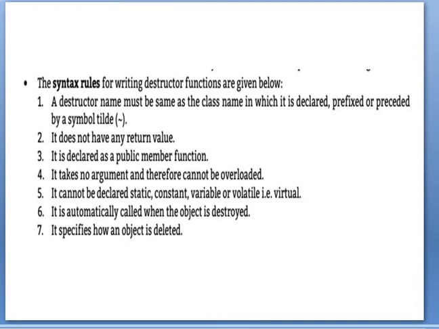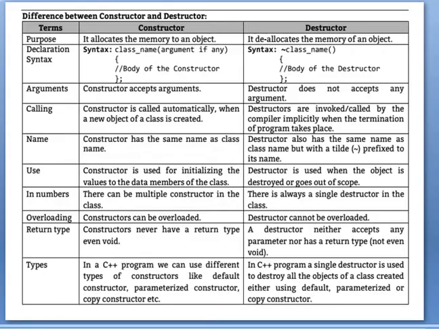It is automatically called when an object is destroyed. When we want to destroy the object, or when operations on the object are completed, this destructor is automatically called by the compiler. It specifies how an object is deleted. The destructor is used to specify how the object is deleted.